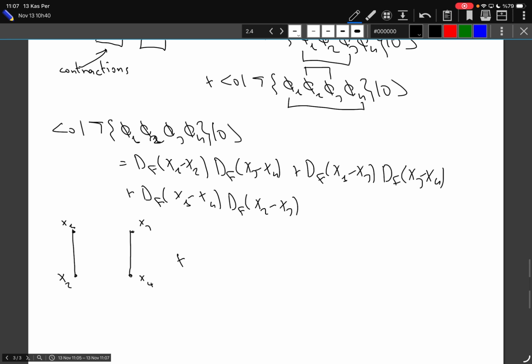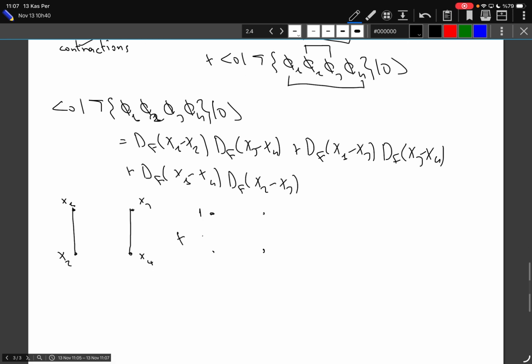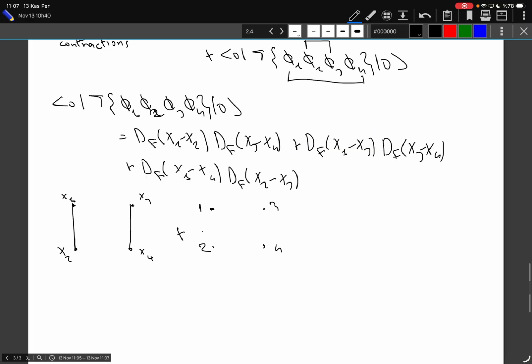Plus, I have 1, 2, 3, 4, a propagator connecting x1 and x3, another propagator connecting x2 and x4.